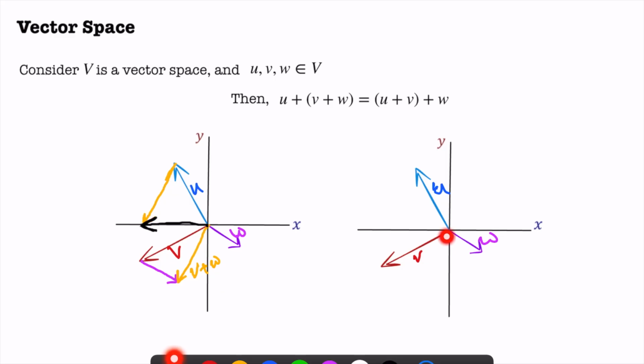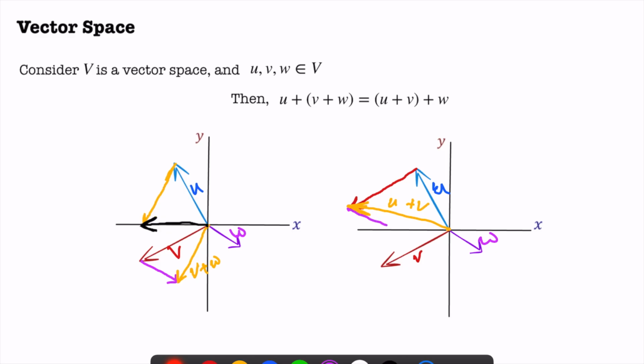On the right hand side, we'll perform u plus v first. So we'll move v and place it here. Now this is our u plus v, and with that we'll add w.